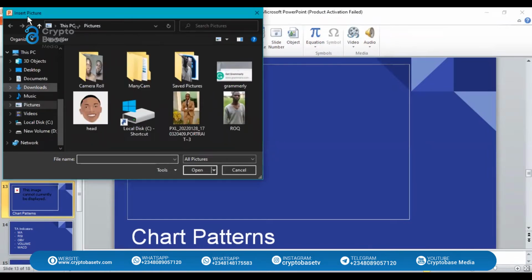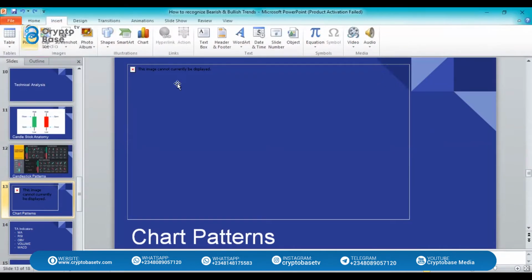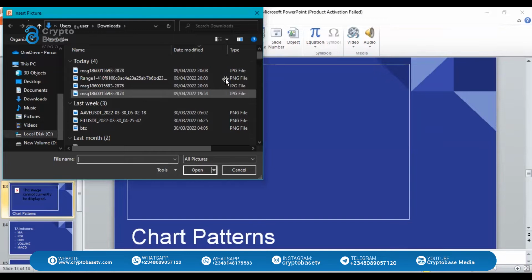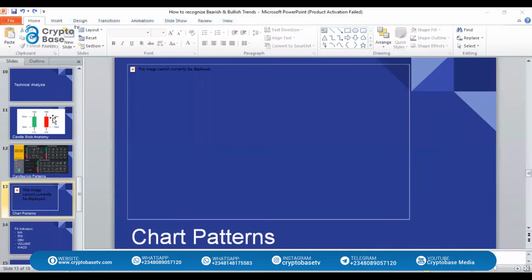Okay. Trying to insert the image so that you guys can see it and understand better. Let me just leave that alone. But guys, the chart patterns are very, very useful for you to recognize a trend. So you can just note it down, then you make a Google search yourself later.